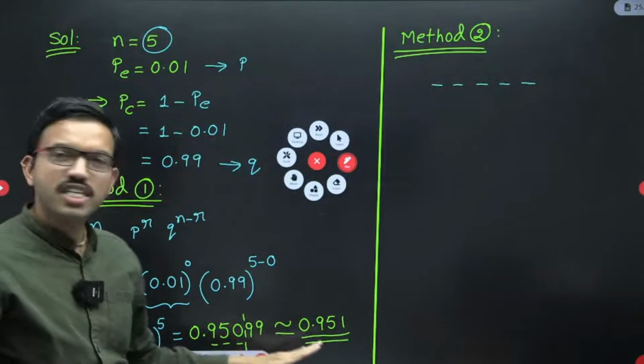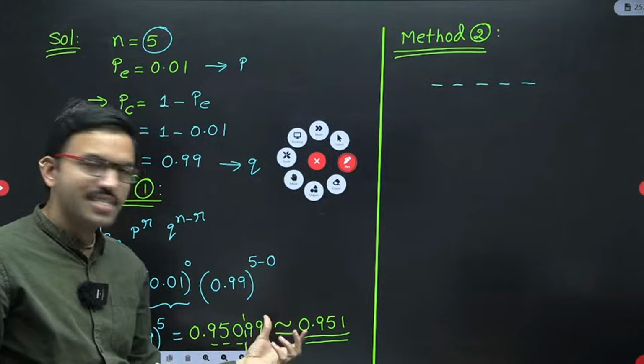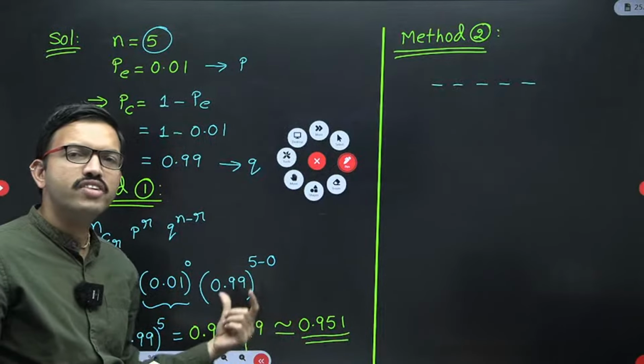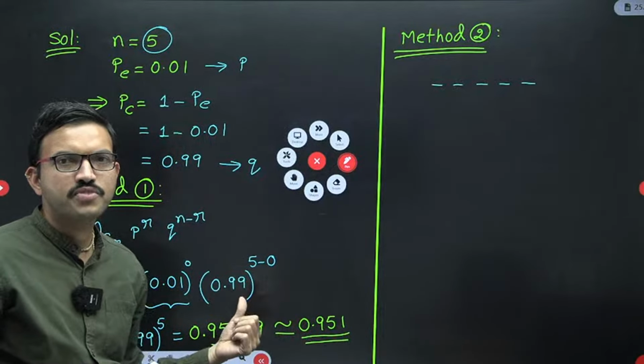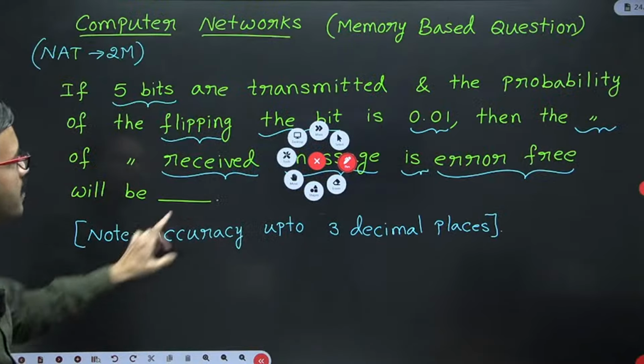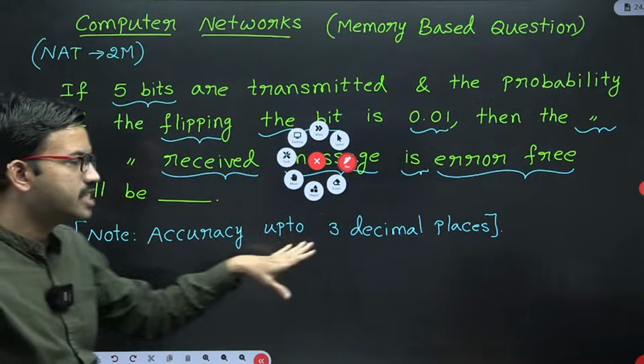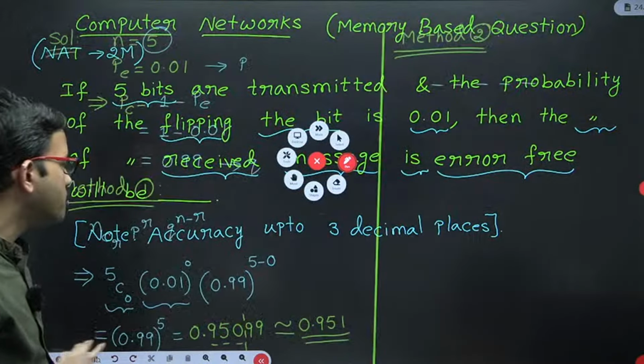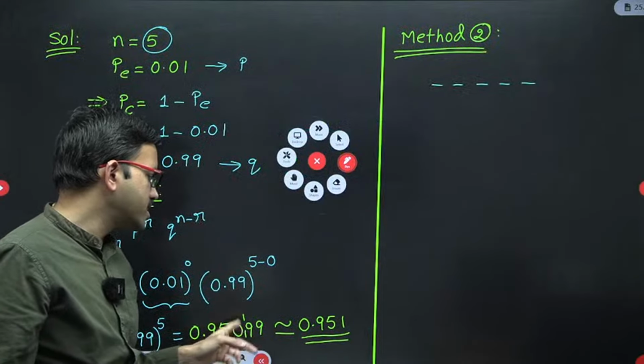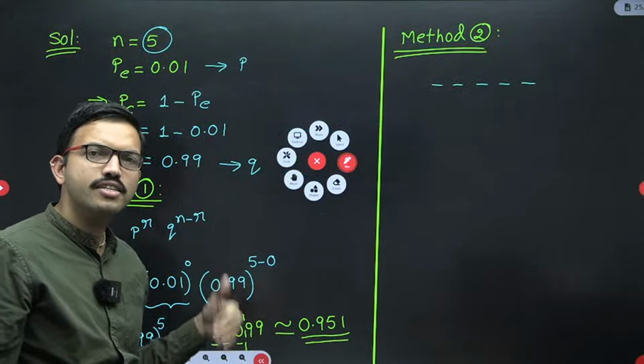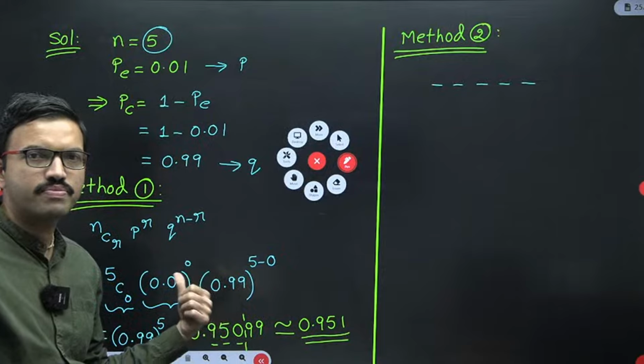If you mention 0.950, that also they may consider, because for a NAT question definitely they will give a range of values. Since the question clearly mentioned that you have to round off to 3 decimal places, it is the most important. After the third digit, if the digit value is greater than or equal to 5, you can add 1 to the previous.